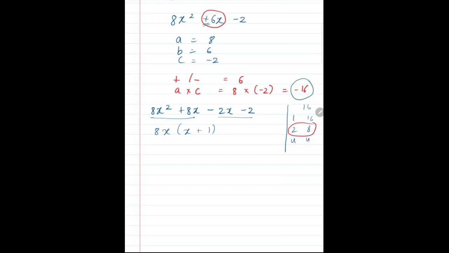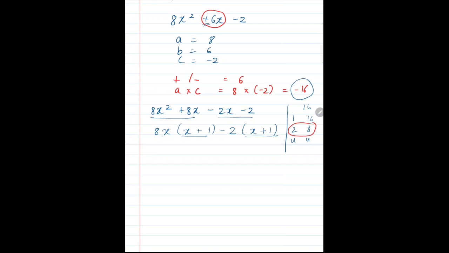If you have taken 8x common, then the only factor remaining will be 1. Here -2 is common, so I'll take it out. Inside I'll be remaining with x plus 1. Now as my two brackets are the same, it means so far my factorization is correct.